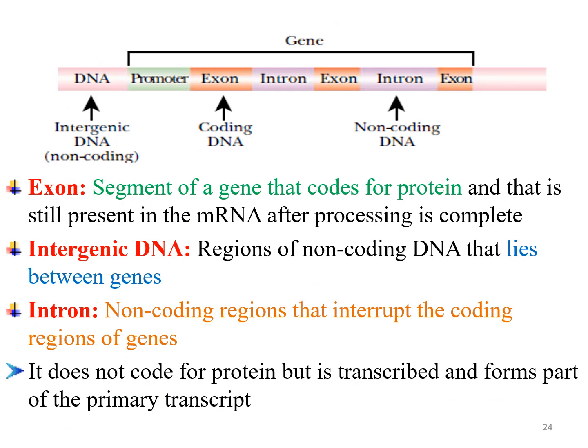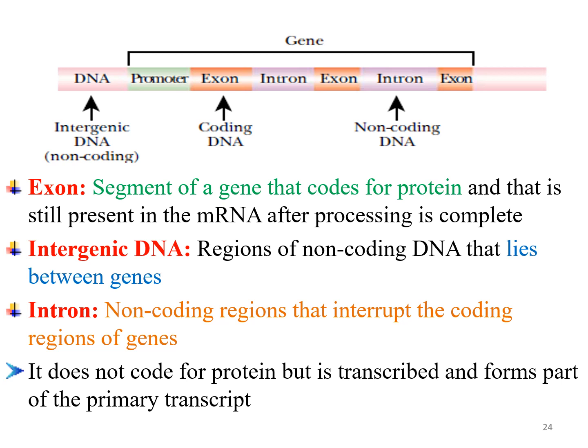In this picture, the DNA or intergenic DNA or non-coding DNA has what? Intron, exon, intron, exon, intron, exon, alternating segments. So the exon is the segment of the gene that codes for protein and that is still present in the messenger RNA after processing is complete, and intergenic DNA means the region of non-coding DNA that lies between the genes, as the name inter indicates, that lies between.